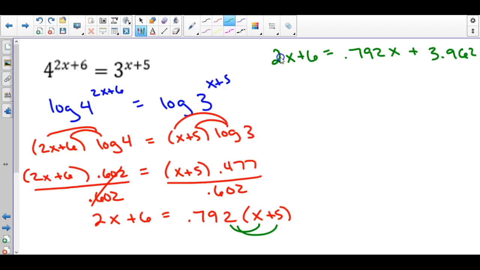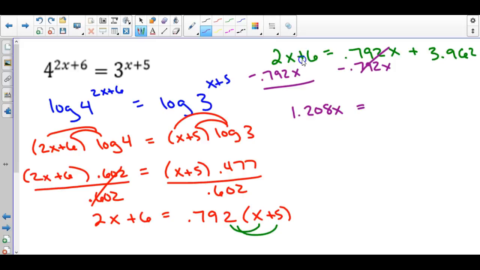So now I just have an equation that has some x's on both sides and some whole numbers on both sides as well. So what I can do is subtract 0.792x on both sides. And then I can take 2 minus 0.792, and that's going to give me 1.208, and that has the x.